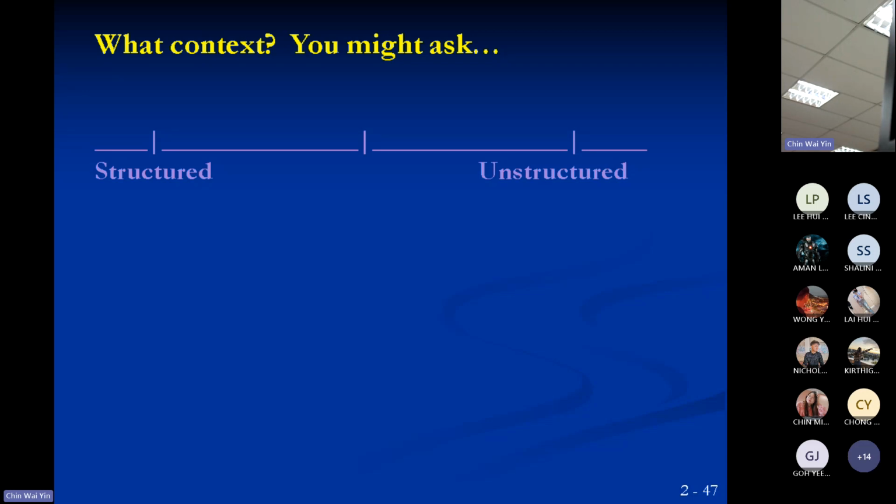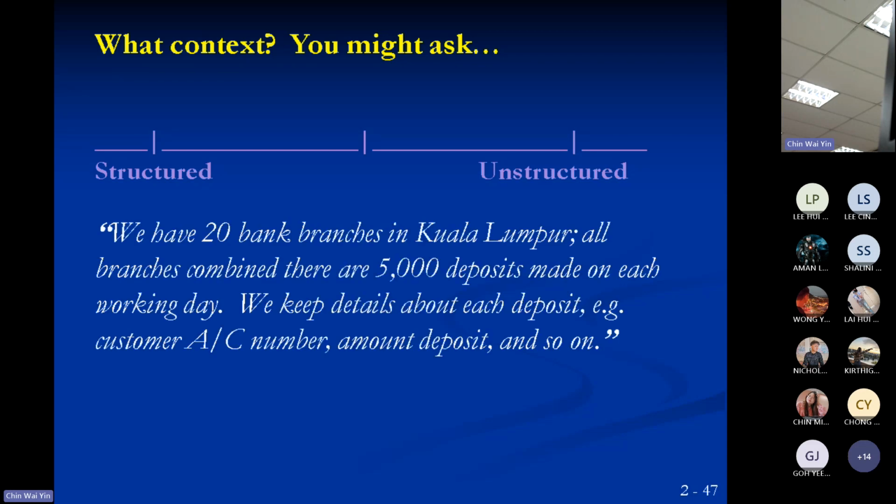All right, so let's look at one extreme, structured. Let's say you have a requirement here. So your requirement here is that you have 20 banks, all right, is it a bank? So they have 20 bank branches in KL, and all branches combined, there are 5,000 deposits made on each working day. We keep details about each deposit, and the details that we need to record, details means the record.